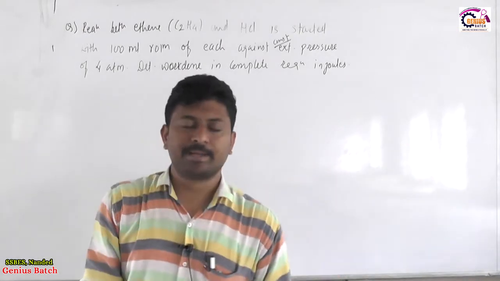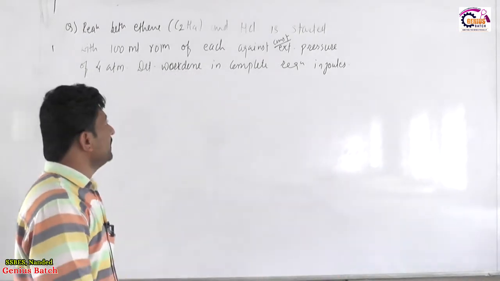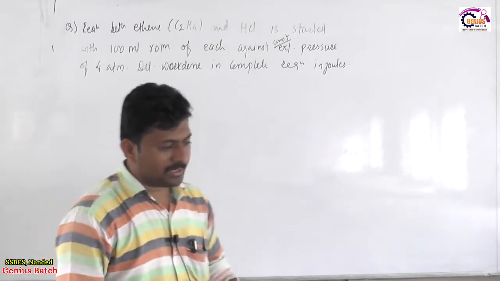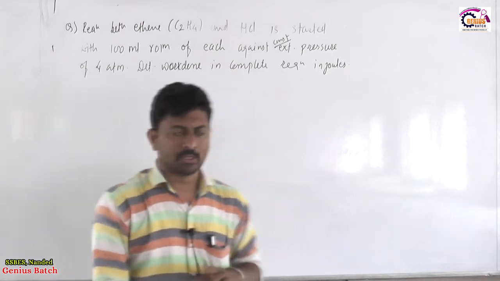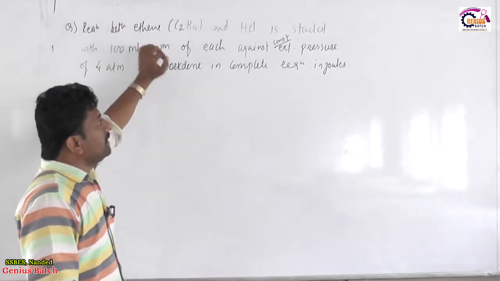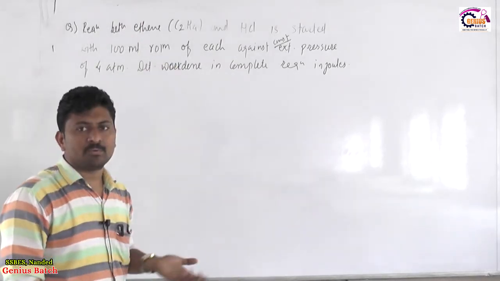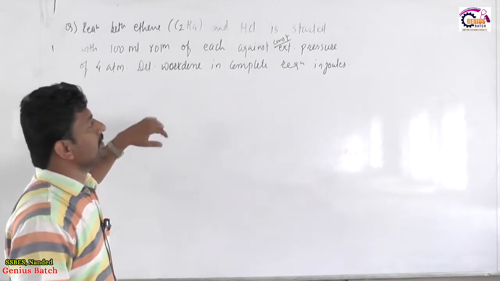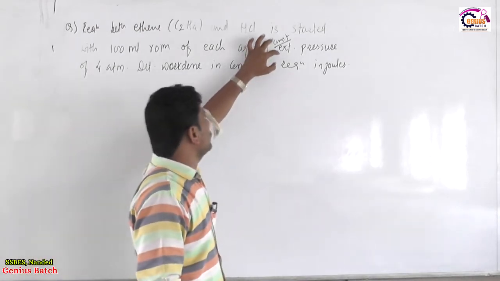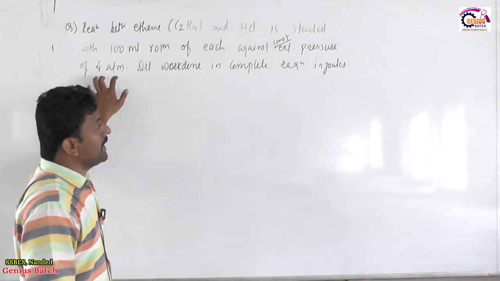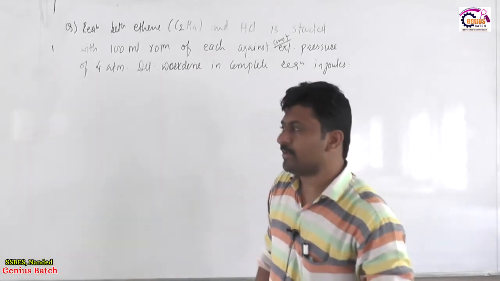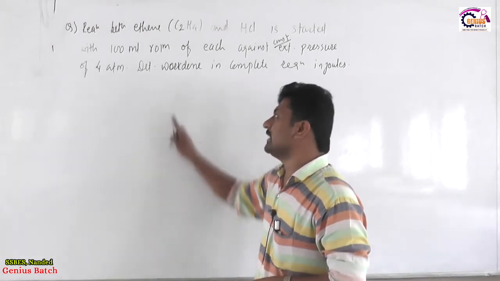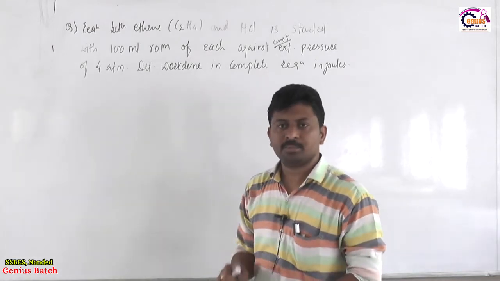Now this is a different type of question. A reaction between ethene and HCl is started with 100 ml volume of each of the reactants. Then after a complete reaction, how much work is done if the reaction is conducted at a constant external pressure of 4 atmosphere. From the question we have just a single value, that is 4 atmosphere P external.